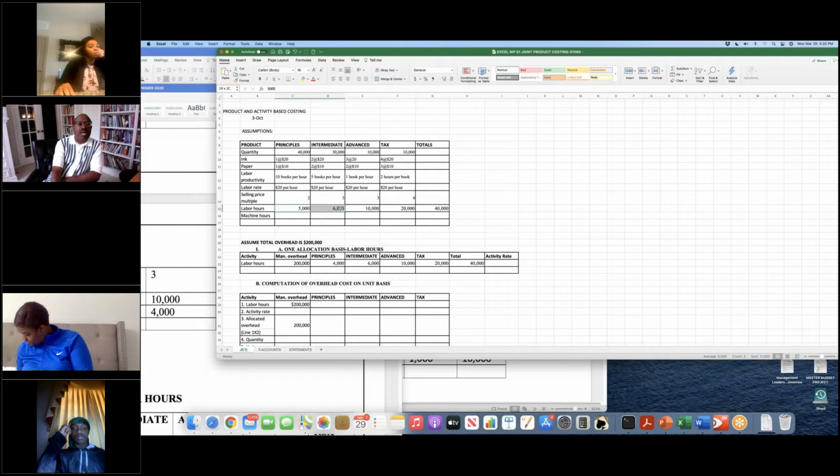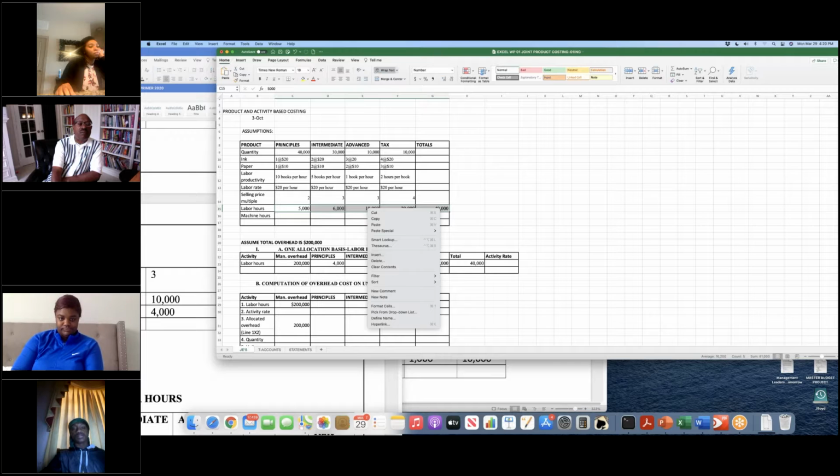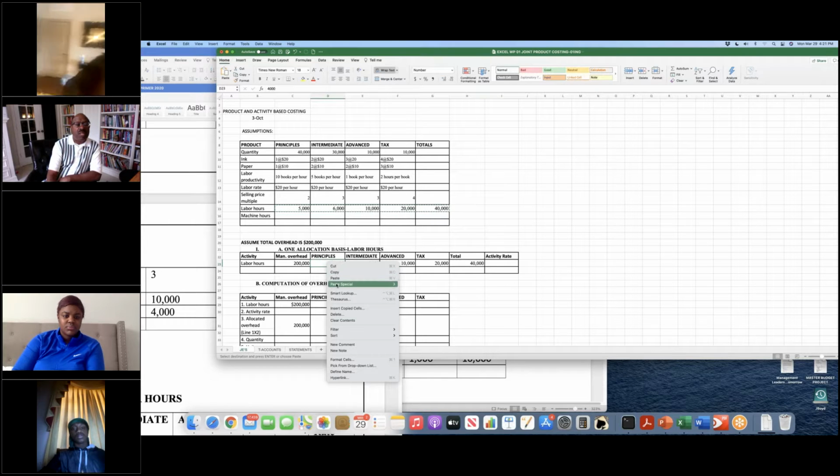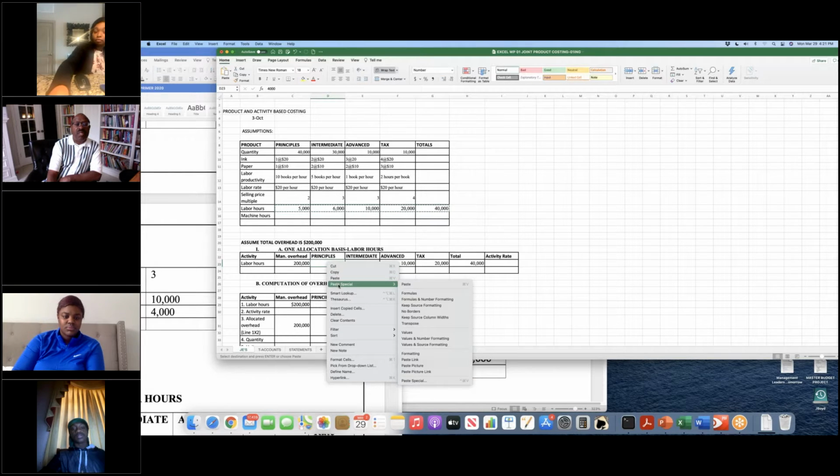What could I do with my copy and paste for that to occur? Copy it, and when we get down here and get ready to paste, let's go to paste special.